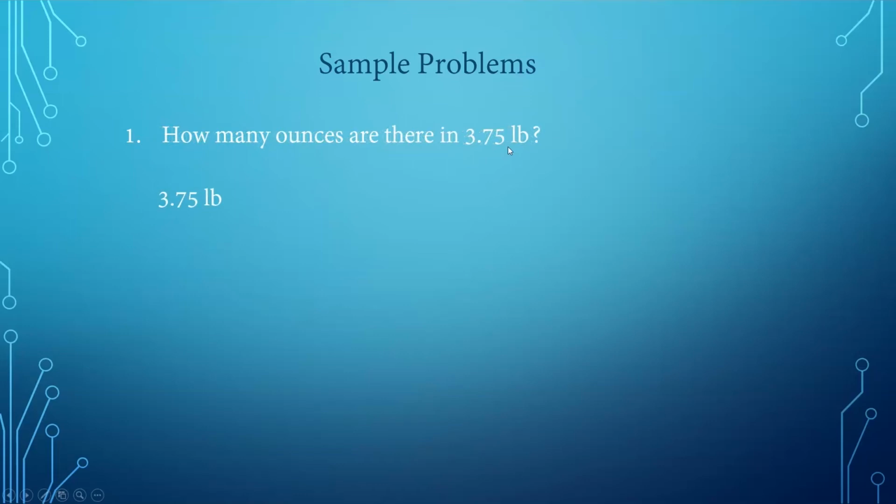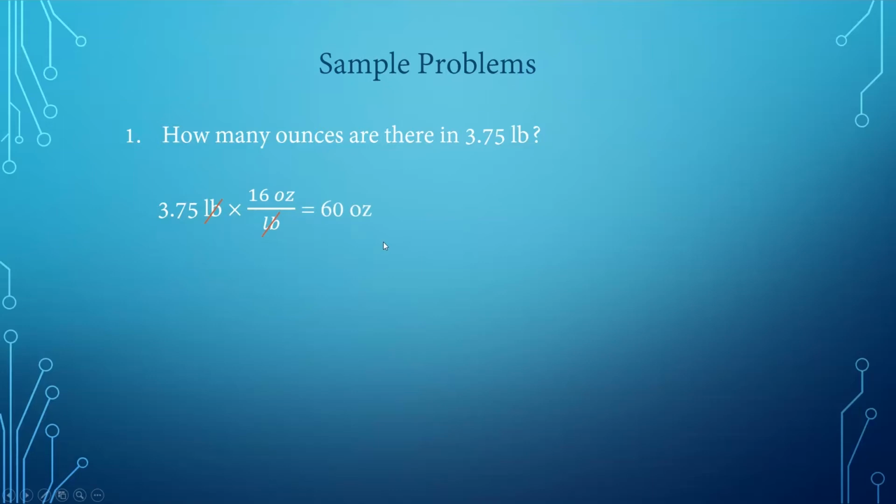We always want to begin a conversion problem with a known value, and we try to find the unknown, which in this case is ounces. Now, to get from pounds to ounces, we need a conversion that relates those 2 units, and we have one, which is 16 ounces per pound.